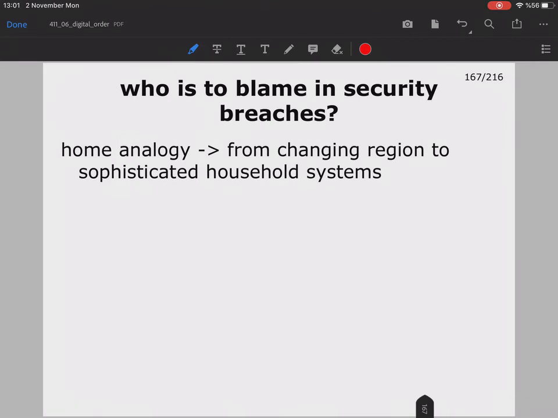Because they need to have some defensive measures. Again, there can be an analogy here, what we call the home analogy. If, for example, a district has high crime rates, we can change our district. We can move to another district, or we install sophisticated household systems in a risky, high crime area.